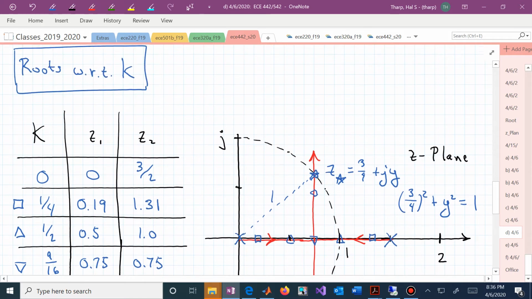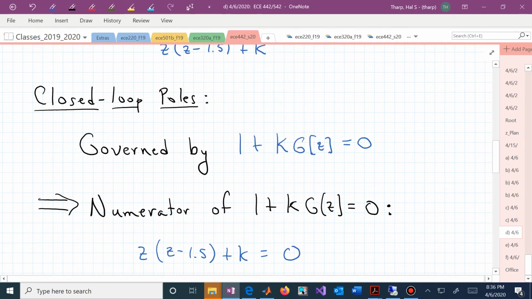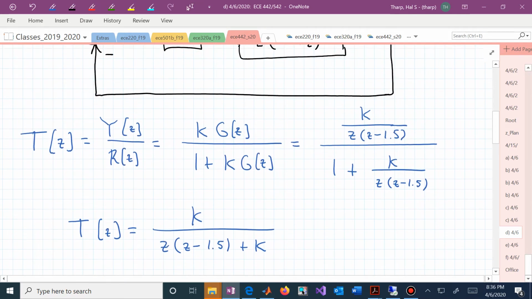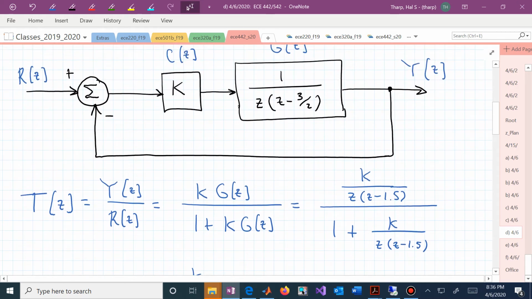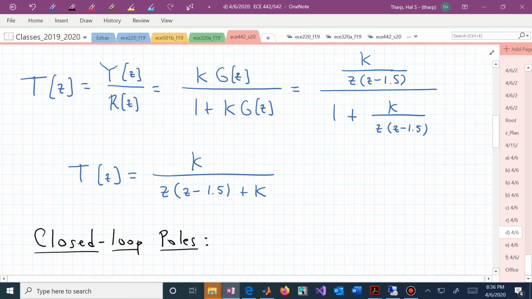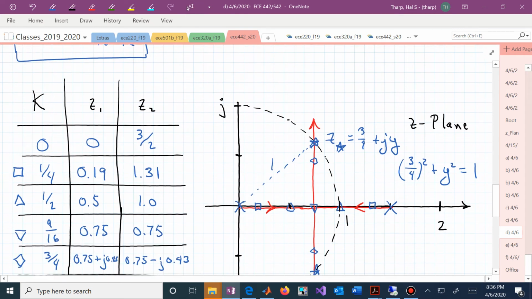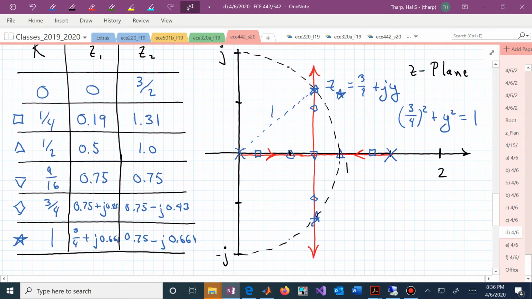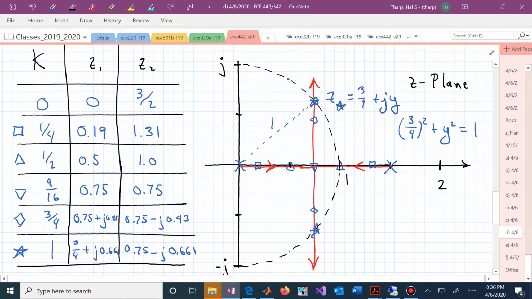We just have two poles in this system. The system is 1 over z, z minus 1.5, no finite zeros. The root locus begins on the poles, and it's going to terminate or approach the infinite zeros, the zeros at infinity, and there's two of those.